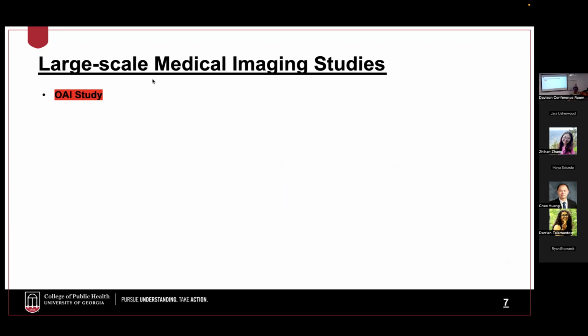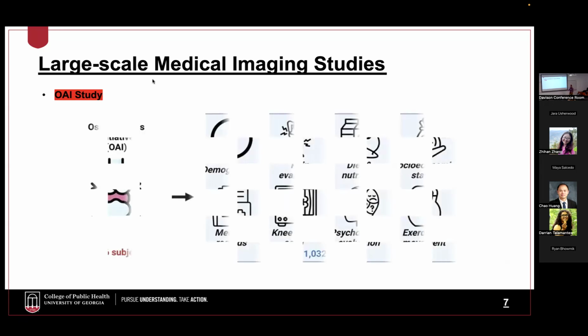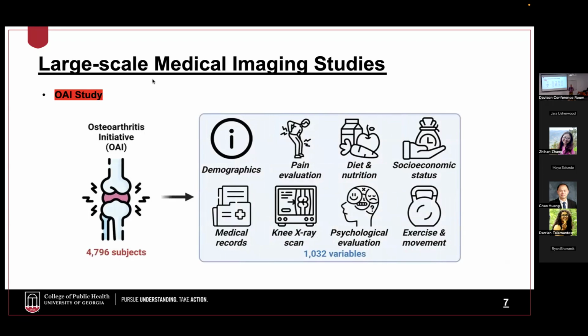And another study I want to introduce here is the OAI study. So this is not related to mental health or neurodegeneration studies. That is about our knee disease. You know that when we're getting older and older, especially for some specific subpopulations, like football players, when they retire or get to be 40 or 50 years old, they usually have concerns about their knees, because they had strong sports activities during their 20s or 30s.